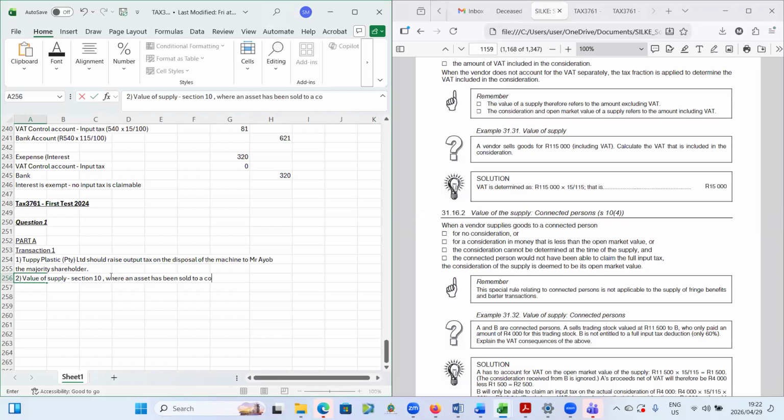To a connected person, for a consideration less than market value, or for no consideration at all, the value of supply is the market value.